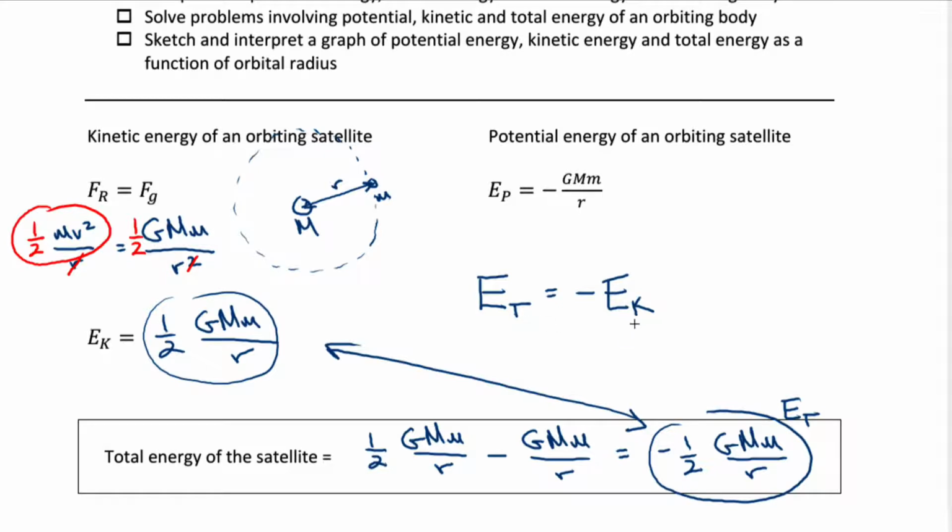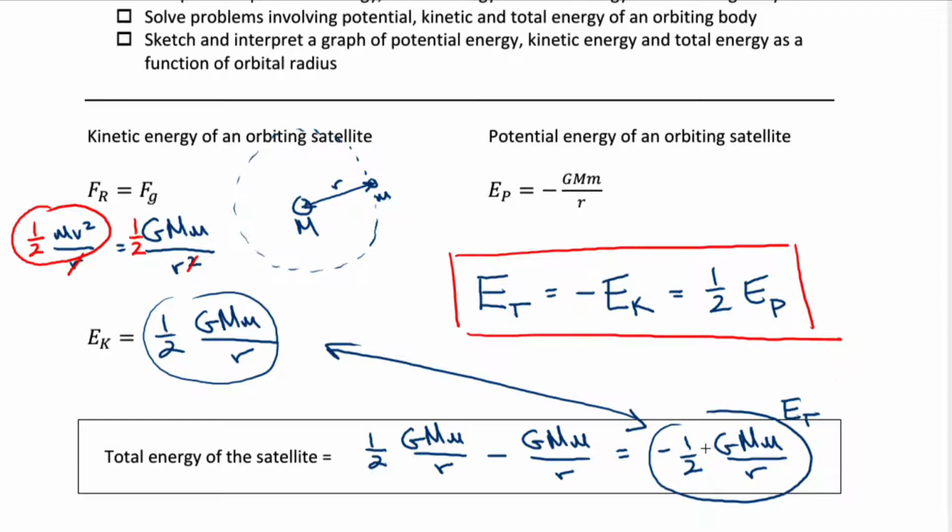So the total energy is the negative of the kinetic energy. And the total energy is also equal to half of the potential energy. That's how these three are related. The total energy is equal to the negative of the kinetic energy, which is equal to half of the potential energy. And you can see that by comparing these back and forth.